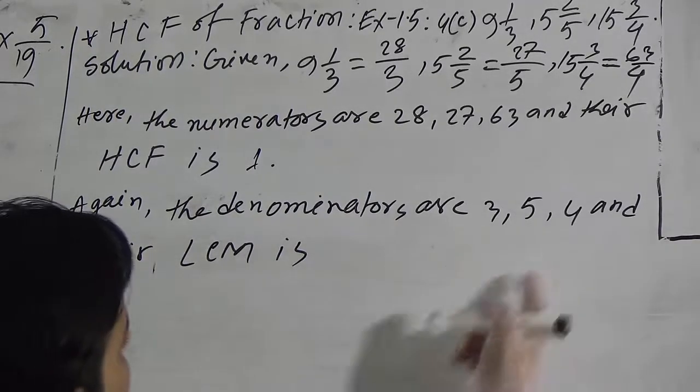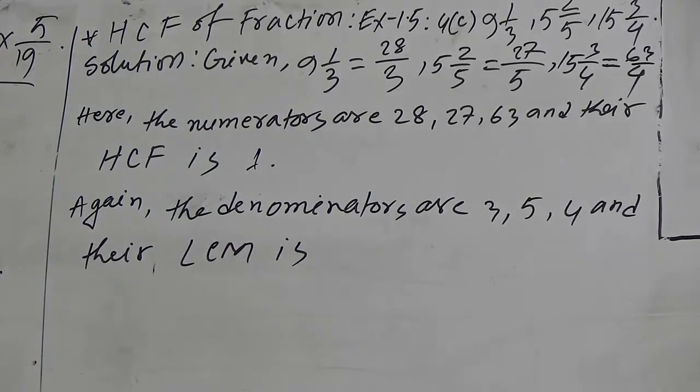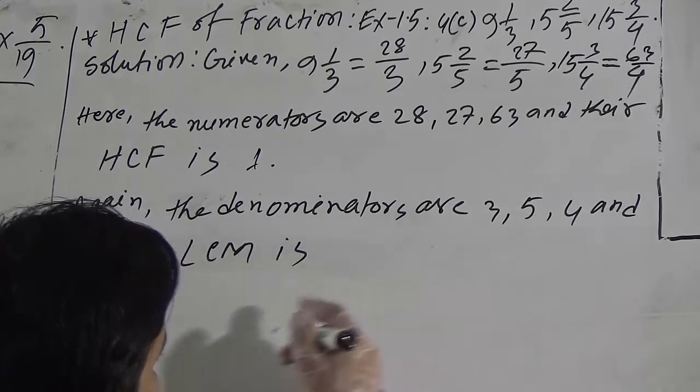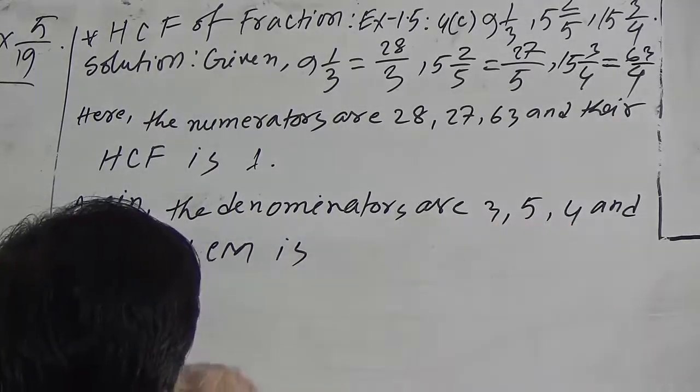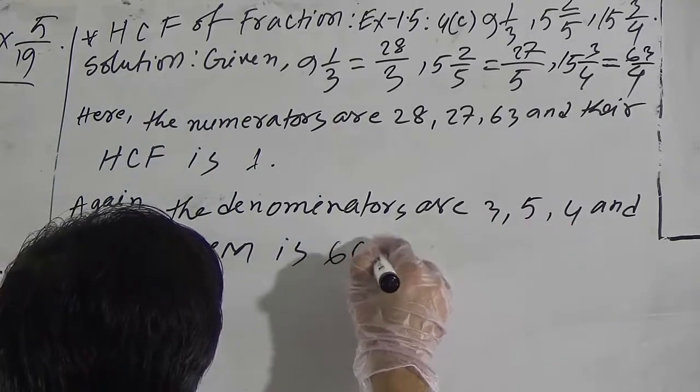Here 3, 5 and 4, these numbers are co-prime, so we have to take their product. So this will be 3 5s are 15 and 4, that is 60.